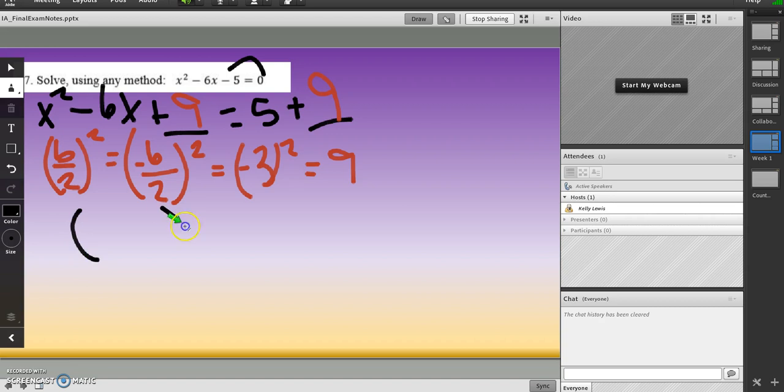All right, now I need to write this guy. Okay, negative 14. Plus 9, yeah, 14. All right, so I'm going to do x, and then for the piece that goes right here, it is b over 2.